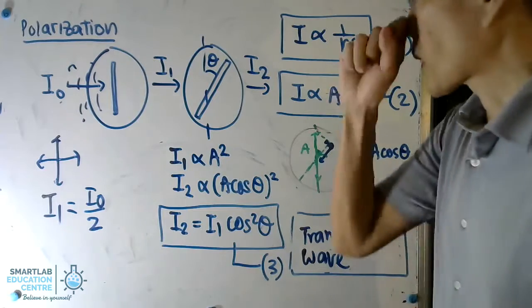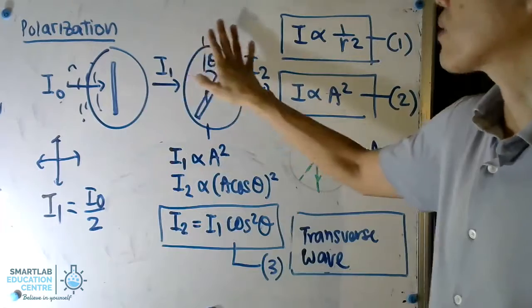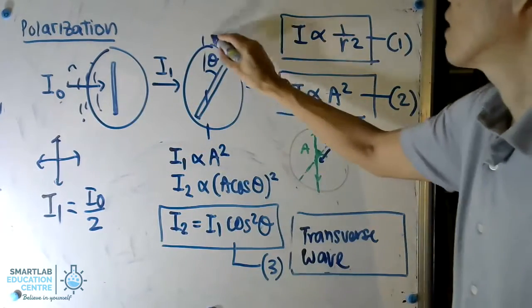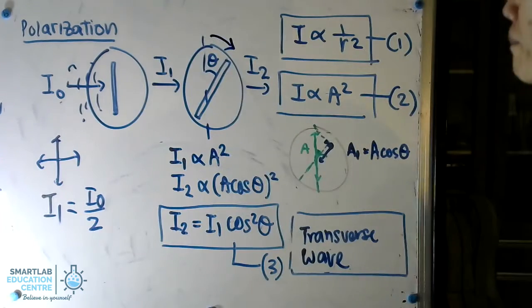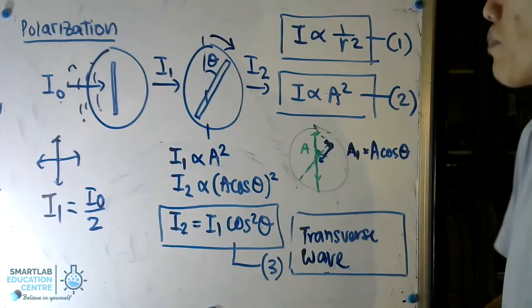So now let us take a look at what happens after we pass through the first Polaroid, and say we place a second Polaroid and we rotate it clockwise by an angle theta. We want to study the intensity of the wave that has passed through the second Polaroid.